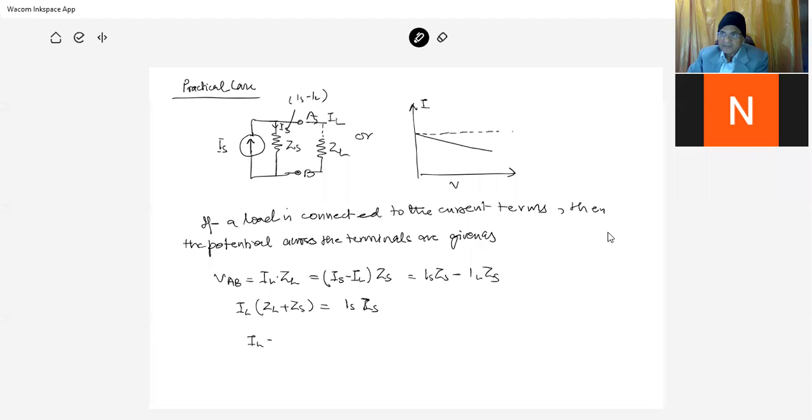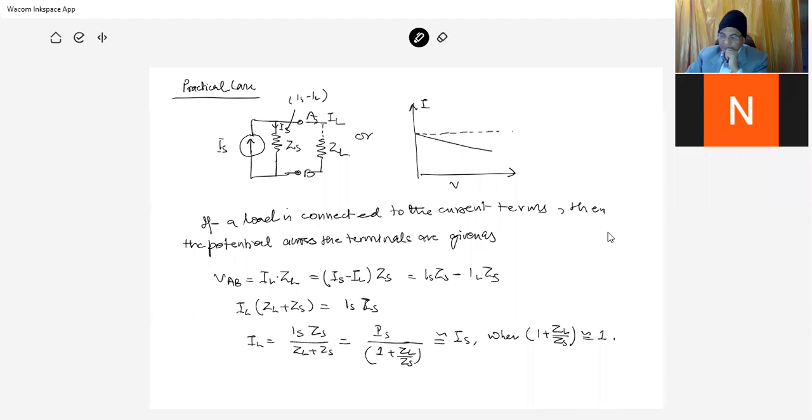So IL is equal to IS ZS upon ZL plus ZS, or this is IS upon 1 plus ZL by ZS. So this is equal to IS when the term inside the bracket, 1 plus ZL upon ZS, is equal to 1.